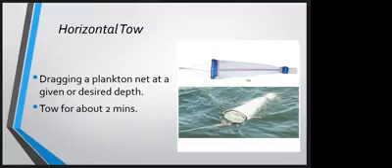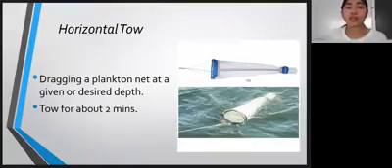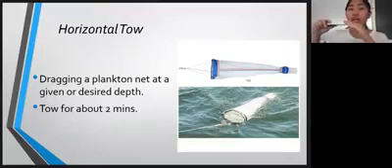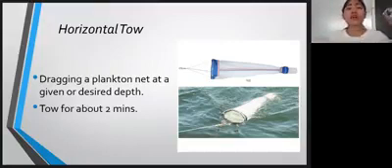This is very convenient for those who can't really afford renting a vessel because it's very, very costly. So usually in horizontal tow, for example, this is your plankton net, you just drag it in the water for 2 minutes. You will not see it at first, so continue towing for 2 minutes.